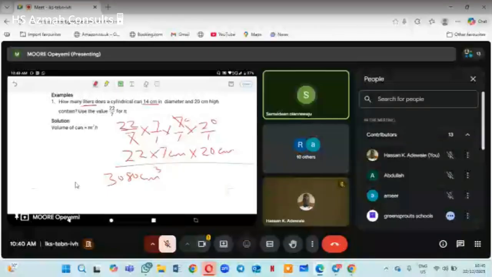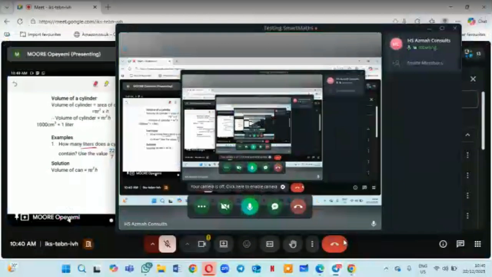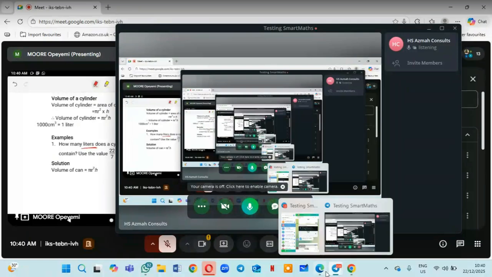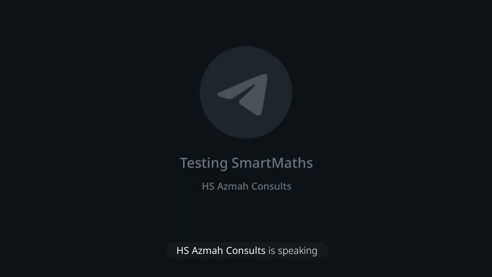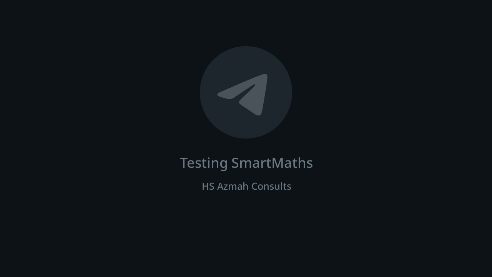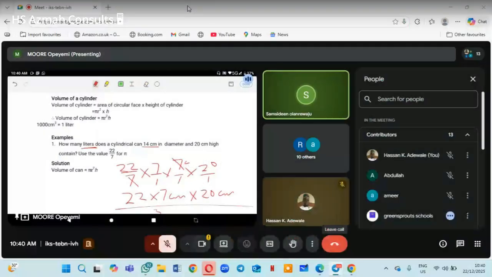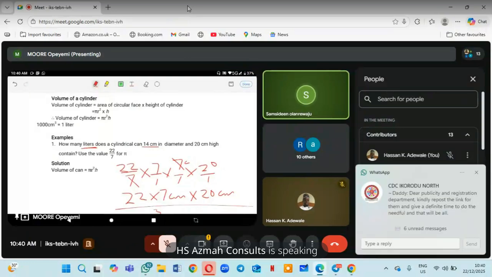Because we said how many liters? So this one now, remember we said 1,000 centimeter cube is 1 liter, and that is 3.080 liters.